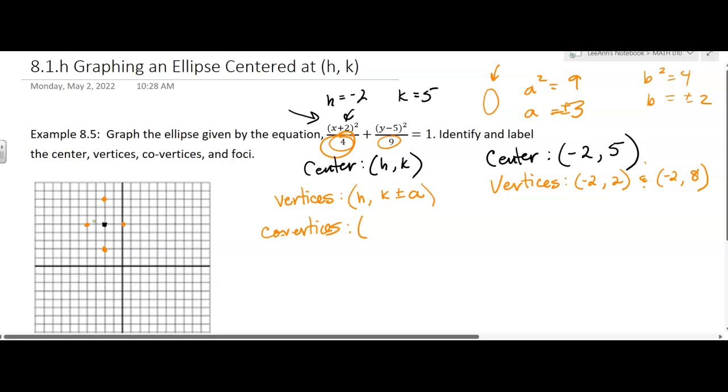And that's going to be h plus or minus b, k. And again, I would just read it off the graph. Looks like I have -4, 5, and 0, 5.